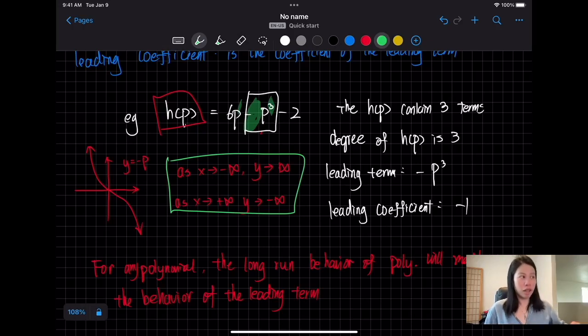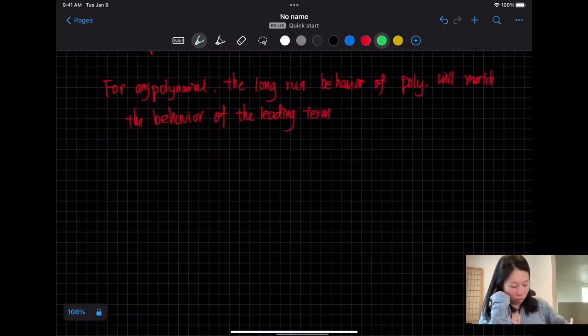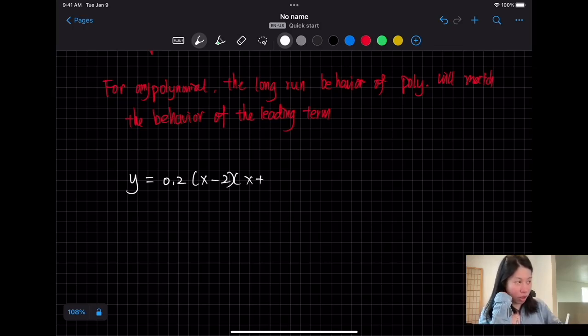So now let's try this one. Example: y equals 0.2 times x minus 2, times x plus 1, times x minus 5.